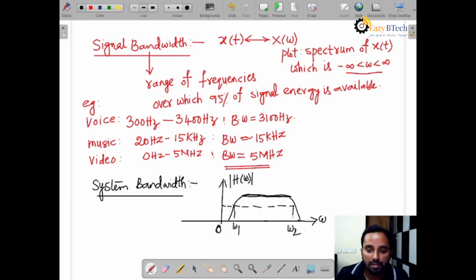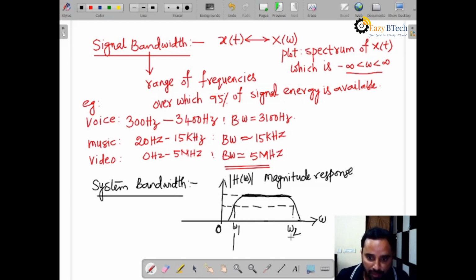If you observe the magnitude plot, or gain plot, or magnitude response, the magnitude of the system is constant from omega 1 to omega 2, right or not?